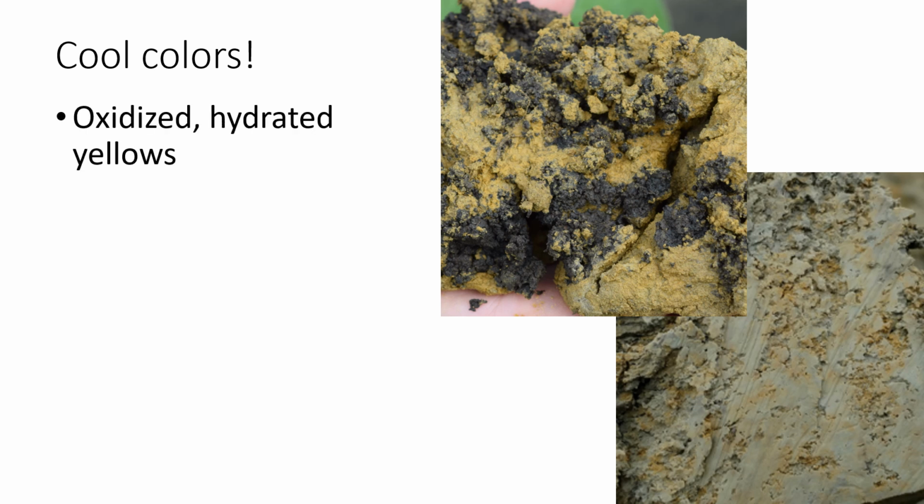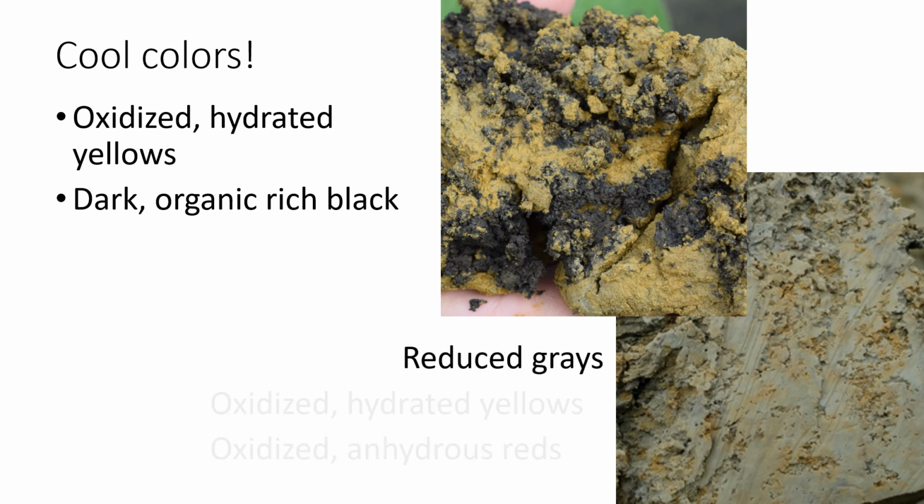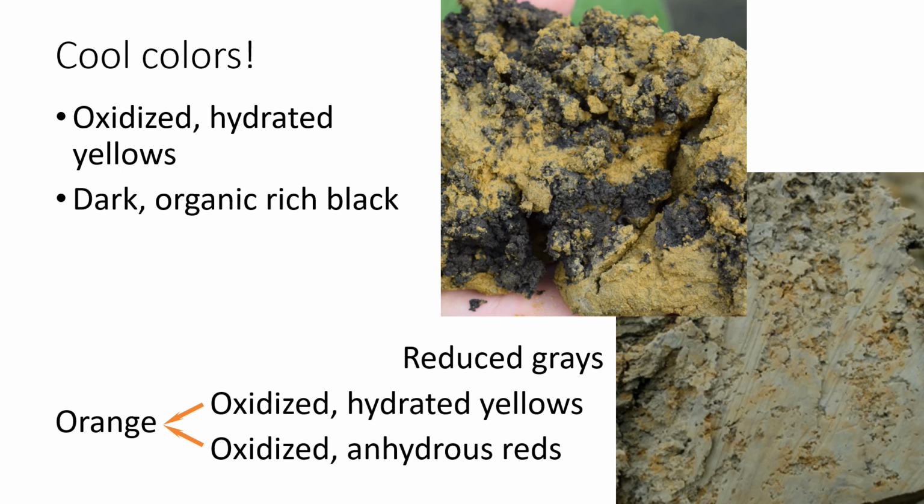So you get these oxidized, hydrated yellows, that dark, rich, organic black. We can get these reduced grays, and then when you get hydrated and anhydrous oxidized irons, you get the yellows and reds that come together to make the oranges. So as we look at this one, you can see the color combinations and even some roots in there that are different colors.